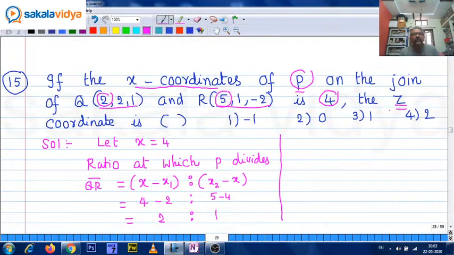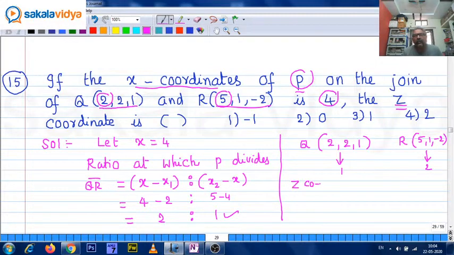Z coordinates means actually here see, the Q point is 2, 2, 1 and R point is 5, 1, -2. Dividing ratio is 2 is to 1 means reverse it, 1 and 2 write down. We need only z coordinate.